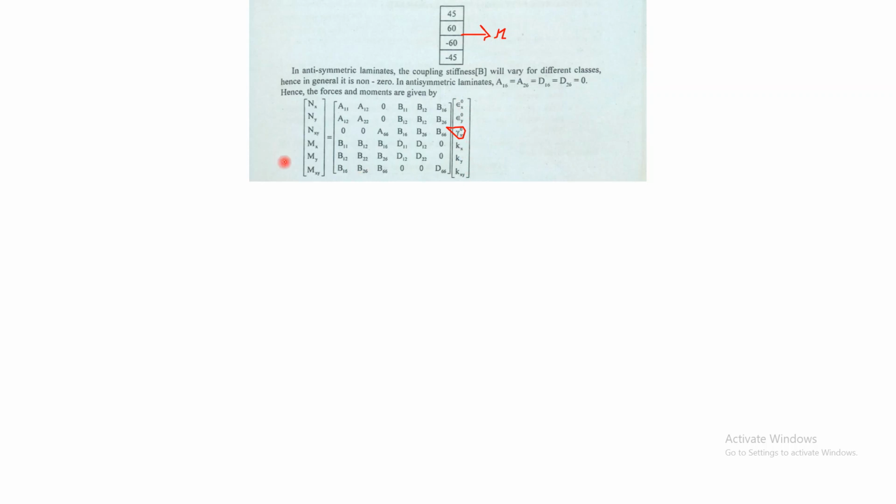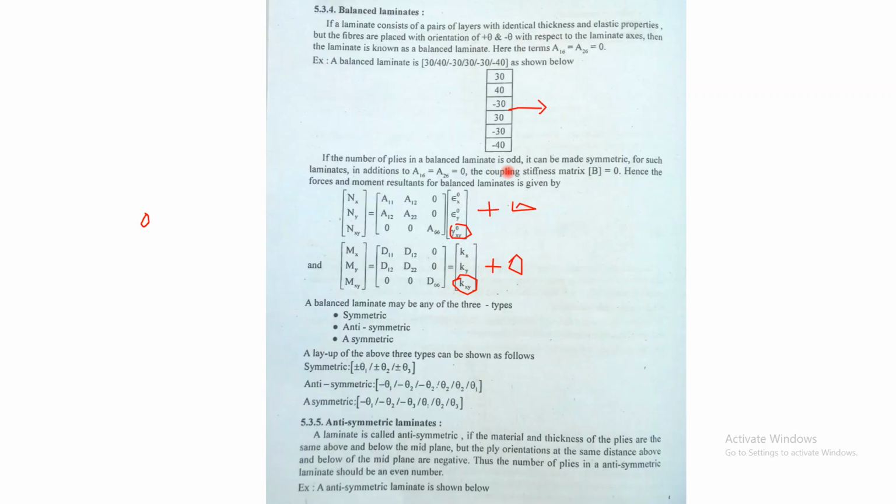In the same way, Mx, My, Mxy are dependent on the normal strains as well as the strain due to the moment, except the radius of curvature of the moments. Okay, that is about the behavior of anti-symmetric laminates.